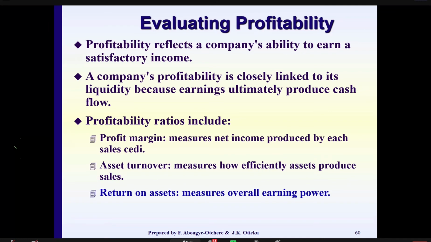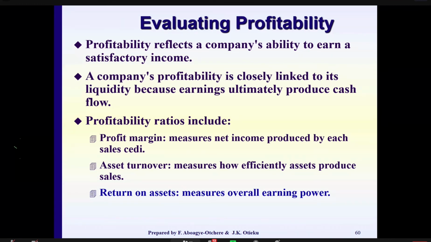Then we have return on assets. Return on assets measures the overall earning power of an entity. Usually it's a combination of two ratios: the asset turnover and the net profit margin. It's also measured in percentages. If the asset is efficiently being used, then the profits generated from it will be high.